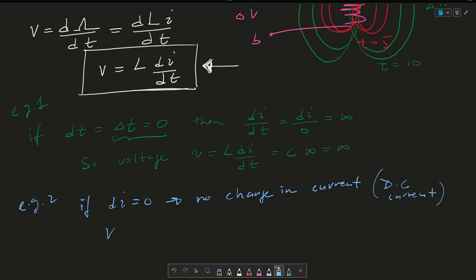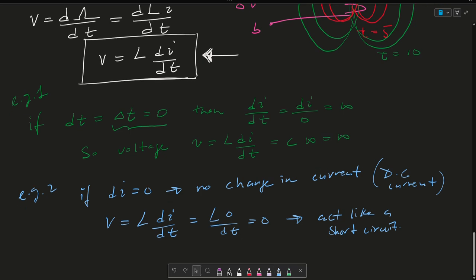And V equals L di over dt. So this is L times 0 over dt, which is 0. So we say that in DC, an inductor actually acts like a short circuit. And this is, again, the opposite of a capacitor. A capacitor acts like an open circuit in DC, right?